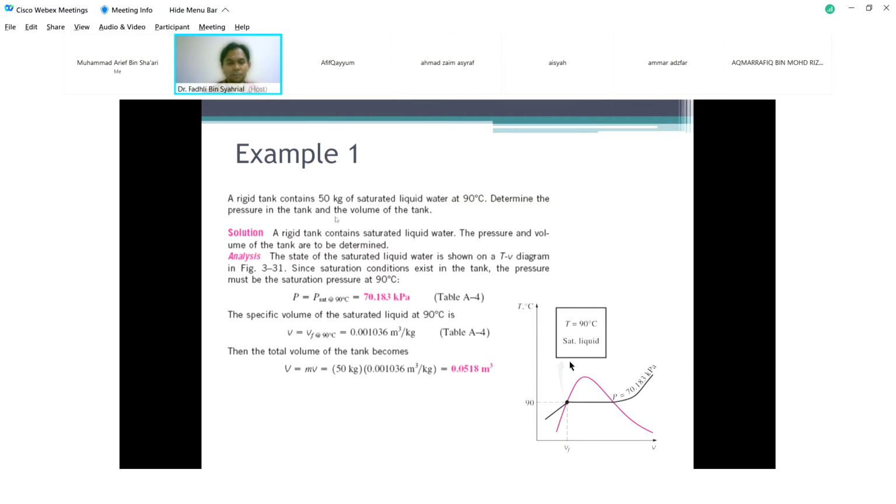Okay. So, for example number 1 here, the phase is saturated liquid. So, if the phase is saturated liquid, then the point is located here dalam rajah PV diagram. This is the point where the saturated liquid phase is located.